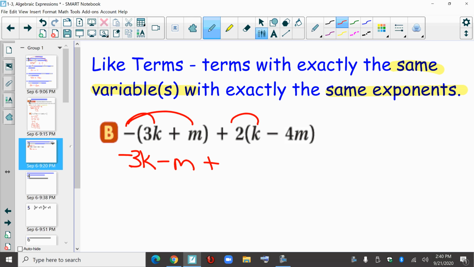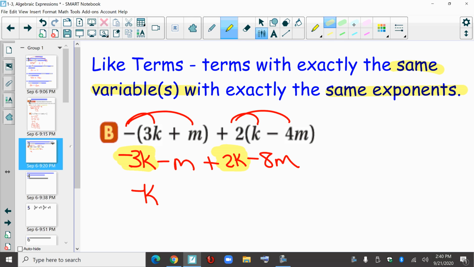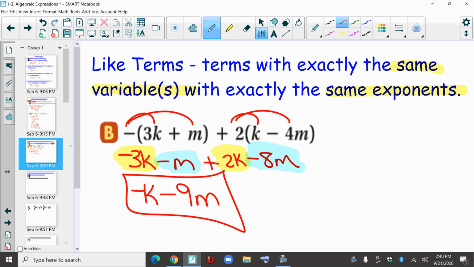This 2 goes in by the distributive property. 2 times -4 is -8m. And then you are going to combine like terms. Your like terms are negative 3k and positive 2k, which is going to give you a negative k. Then your next like terms are going to be negative m and negative 8m, which is going to give you negative 9m. And you're done.